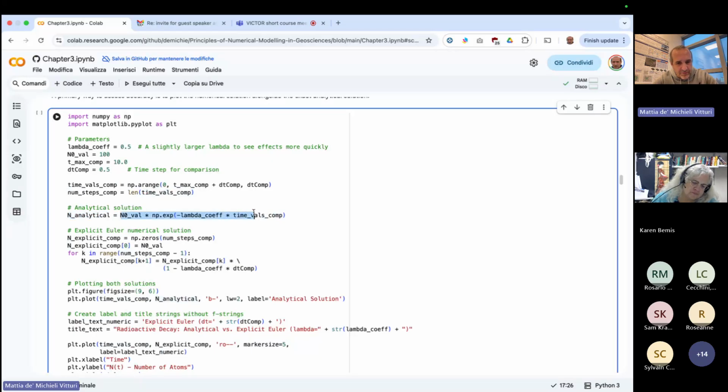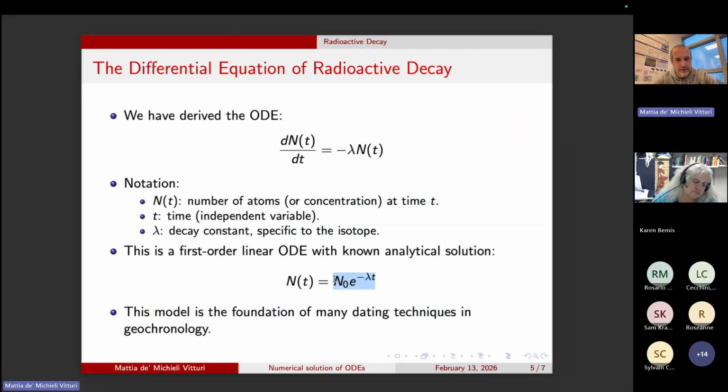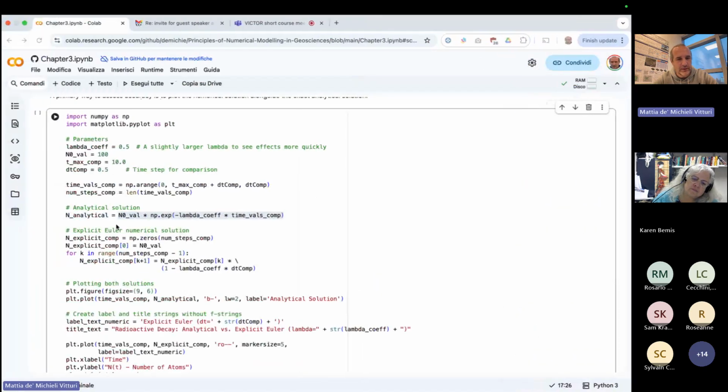So here we have exactly computed what is written here. So it's the initial number multiplying e raised to the minus lambda t.